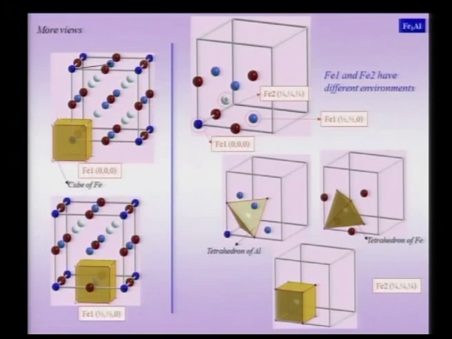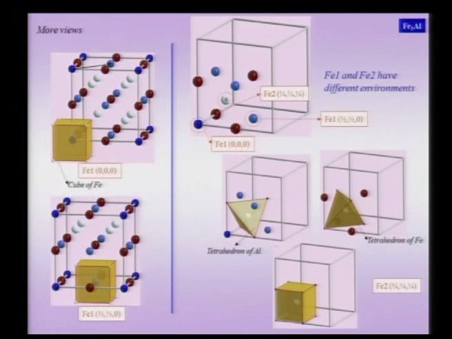If I try to observe that, I will see that there is a tetrahedron of aluminum around this central iron atom. This tetrahedron is formed, as you can see, with 4 aluminum atoms which are located at the corners and the face centers. So this is my tetrahedron of aluminum around my iron which is located at quarter, quarter, quarter.